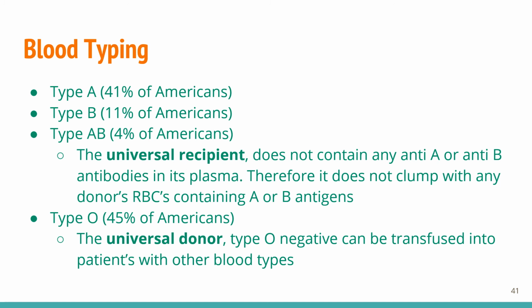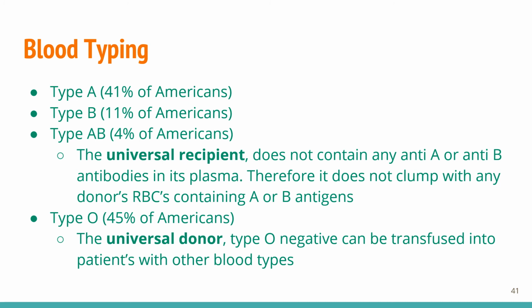We have antigens in our red blood cells, and antigens stimulate antibodies. If it doesn't have those antibodies, it's not going to attack the blood. So AB is the universal recipient. It can receive any type of blood. It's not going to clump. It's not going to have a reaction.